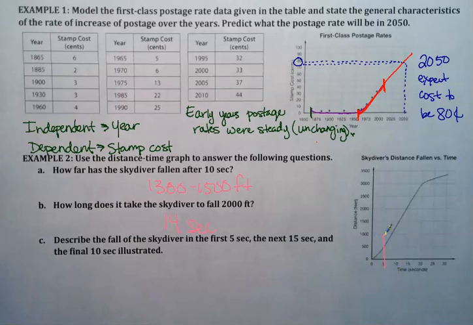Then it says the first 5 seconds, the next 15. So that's going to be from 5 till 20, right? Because we've got 5, 10, 15 seconds. And then it says the final 10 seconds. So this is the 5 seconds, there's 15 seconds in here, and there's 10 seconds in there.